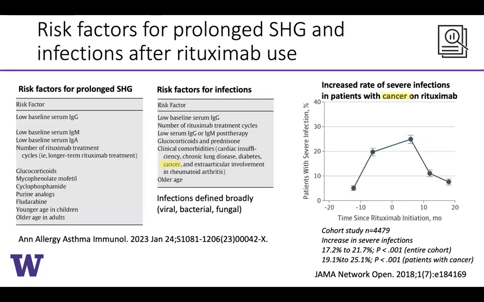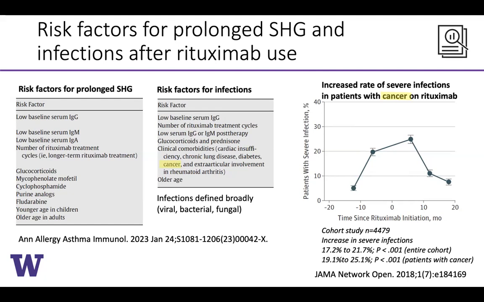Now, what are the risk factors for prolonged secondary hypogammaglobulinemia and infections after rituximab use? We don't have one or two pivotal studies about this. A lot more information is needed, and I think that relates largely to this being used for very different underlying conditions. A recent review identified some risk factors for prolonged secondary hypogammaglobulinemia, though a lot of them are based on small studies; there are no larger studies.